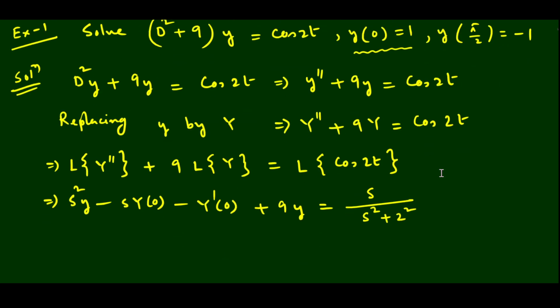So this implies s square y minus s into, in place of y of 0, we can write 1. And since we don't know y dash of 0, let it be a, plus 9y is equal to s divided by s square plus 4.